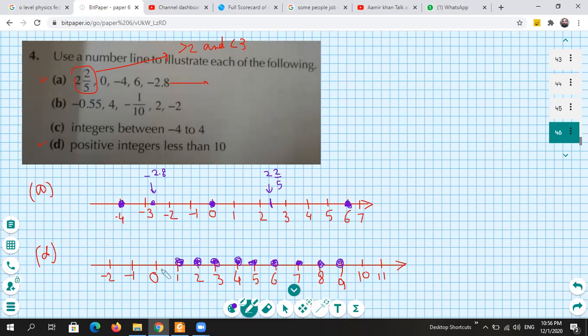It is neither positive nor negative. So the list starts from 1 and ends at 9. These are the numbers which are less than 10 and are positive integers.